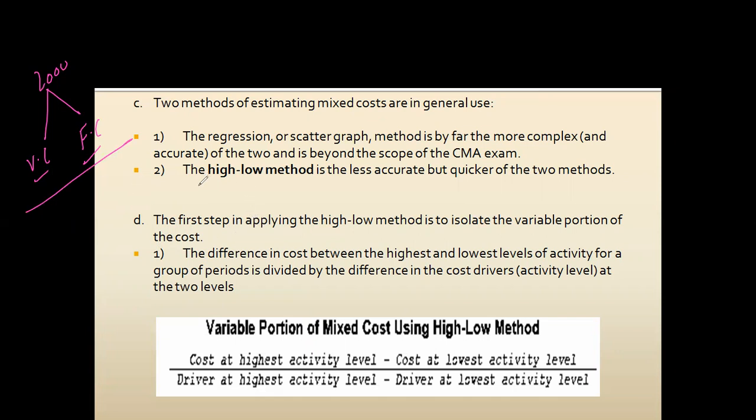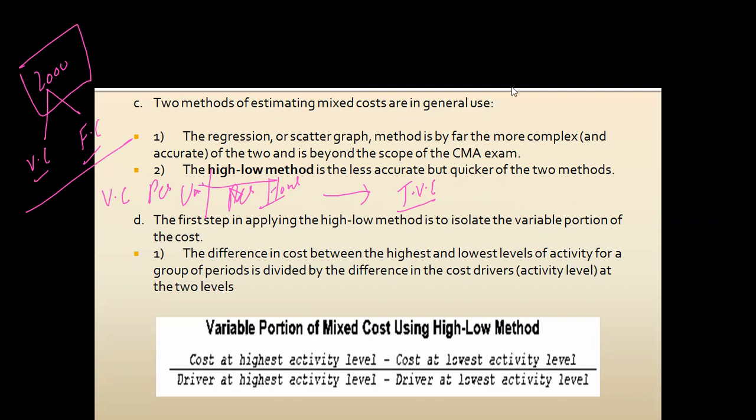By using it, we will be able to calculate variable cost per unit or per hour. That particular variable cost I'll further use to calculate the total variable cost, and I'll be able to segregate the semi-variable cost into variable cost and fixed cost portion.